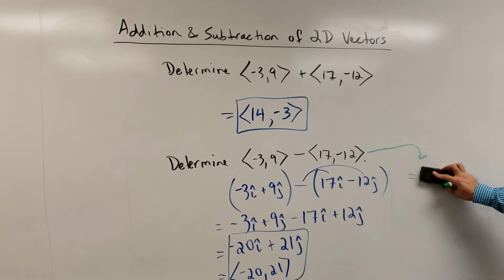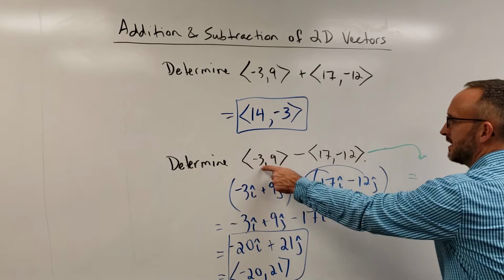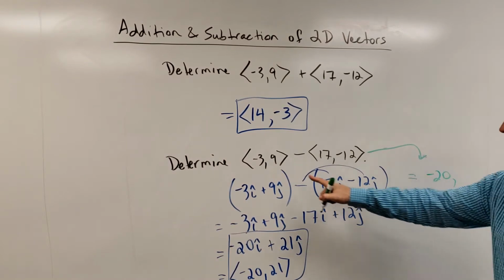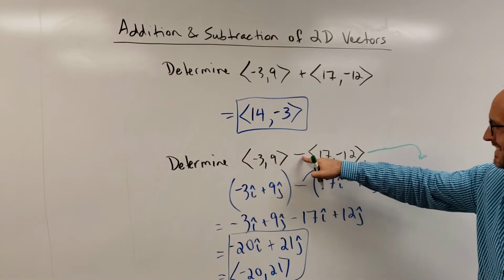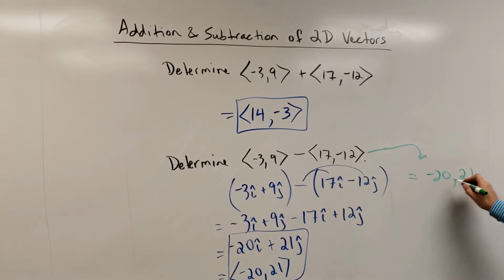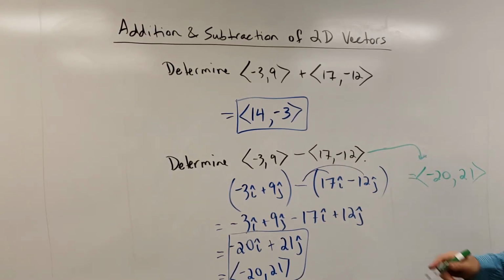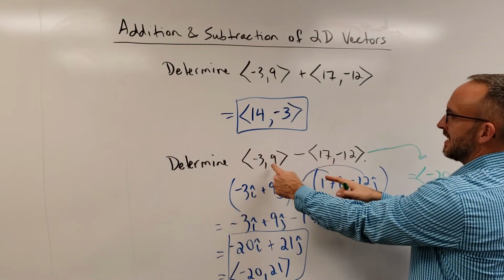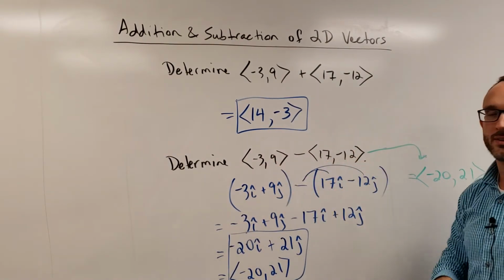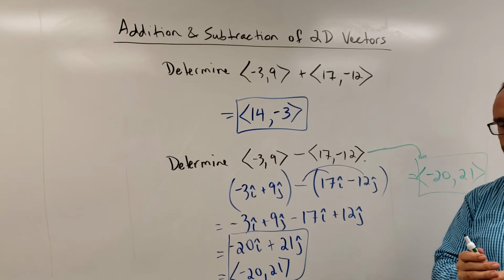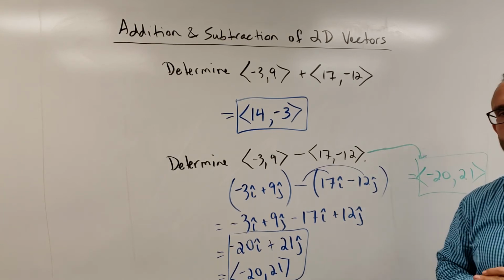You would take negative 3 minus 17, which is negative 20, and you would take 9 minus negative 12, which is 9 plus 12, which is 21. Okay? So you just subtract the components, negative 3 minus 17, and 9 minus negative 12 instead of add, and you get the same exact answer. All right? So that is addition and subtraction of two-dimensional vectors.